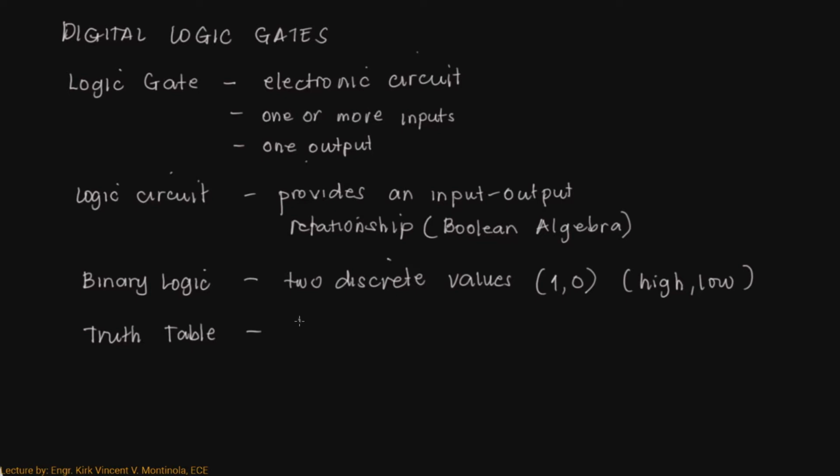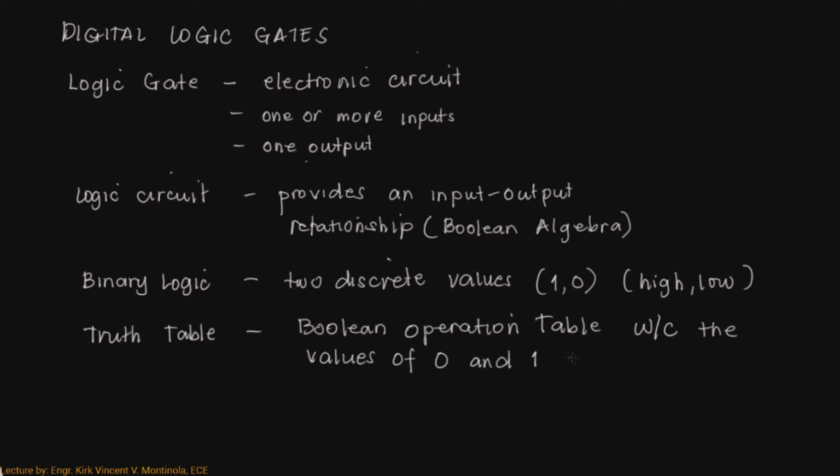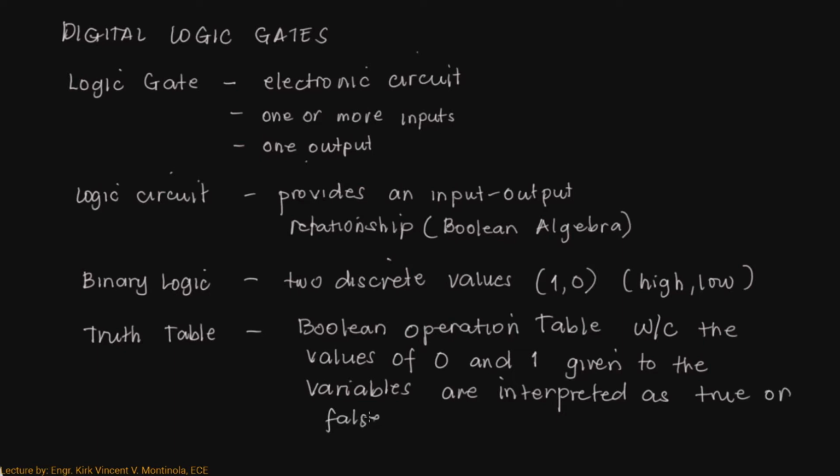That is a Boolean operation table, in which the values of 0 and 1 given to the variables are interpreted as true or false.